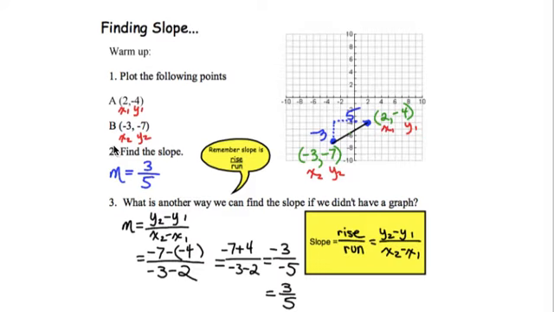Again, our second point, -3, minus our first point, 2.